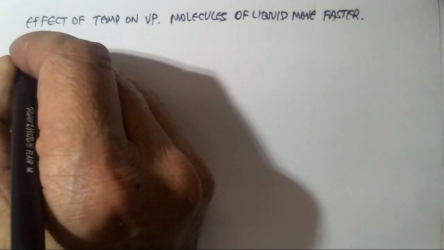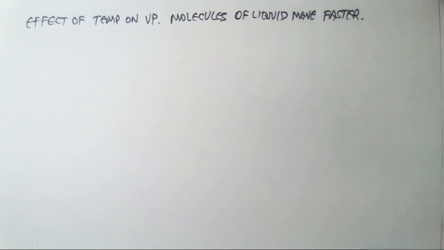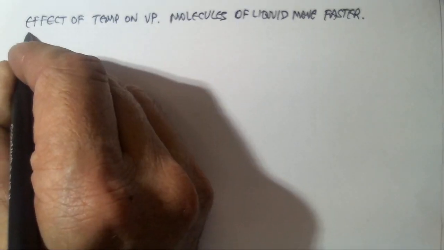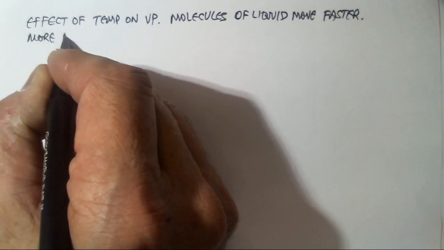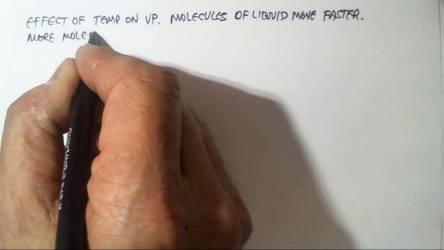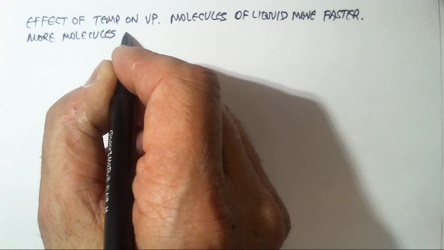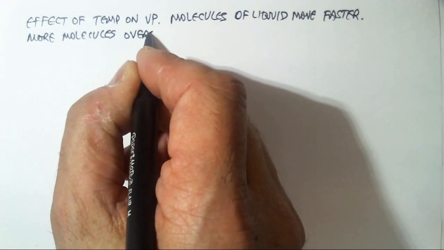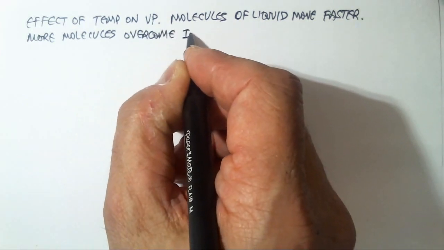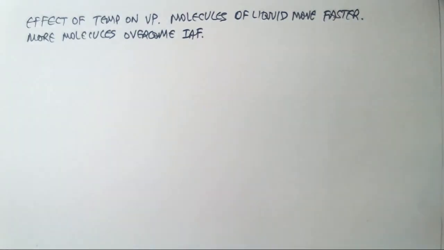So if you like, a greater fraction, a higher percentage, more molecules overcome the intermolecular attractive forces. Because the intermolecular attractive forces really don't change with temperature. I mean, they're not temperature dependent.